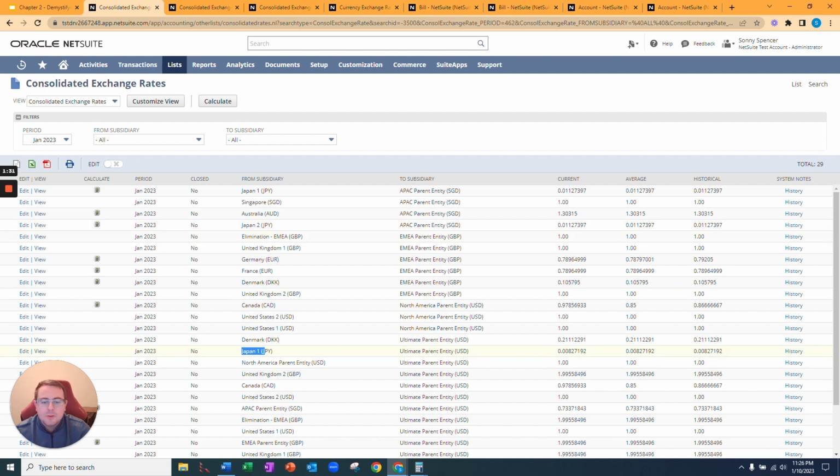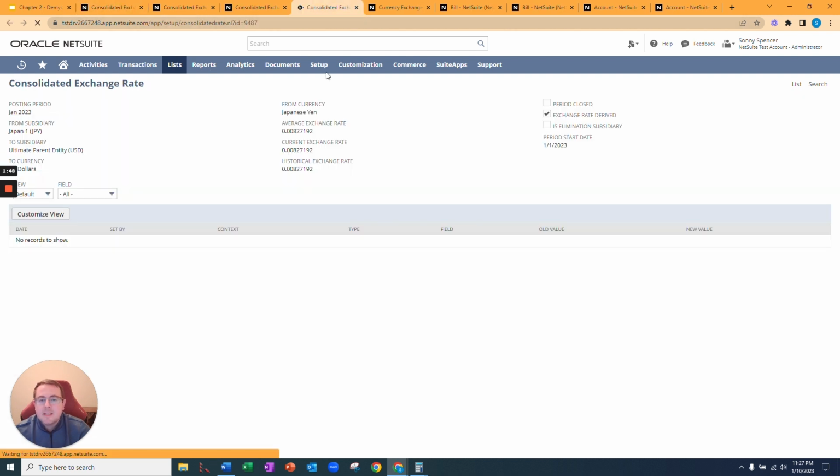Here's a good example. So for our Japanese entity measured in the Japanese yen compared to our ultimate parent entity measured in US dollar, the consolidated exchange rates are 0.008, and we can see here that the calculator icon is missing. As we take a look at the record here, we can see that the exchange rate is derived. The reason for that is between our Japanese entity and our US ultimate parent sits the APAC parent entity.